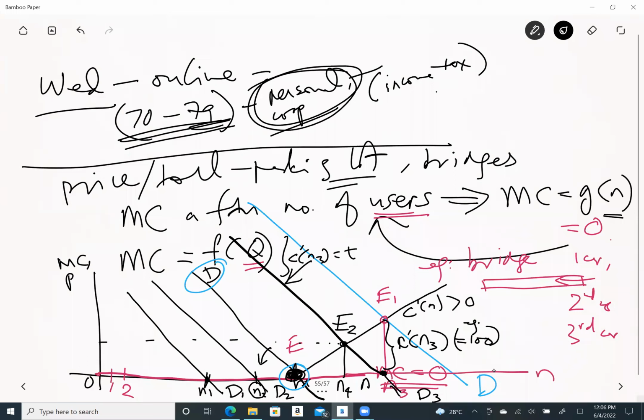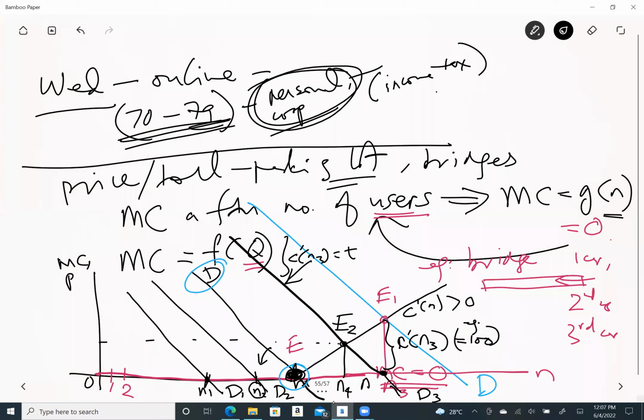It will be less than 100, unless there is a subsidy given by the government, so we pay less than 100. The reason is that MC is equal to 0 here. If you had the supply function going up like that from there, then you would get 100. But as it is not.